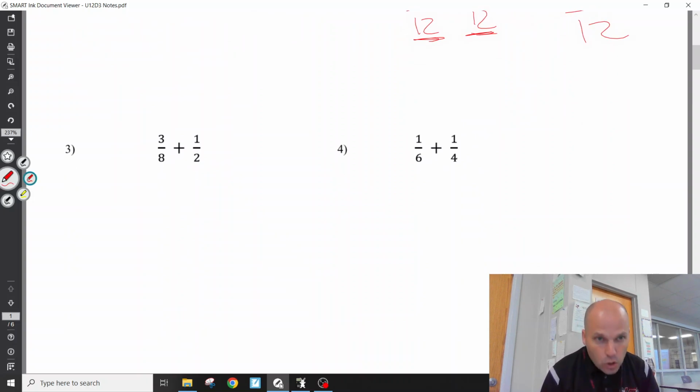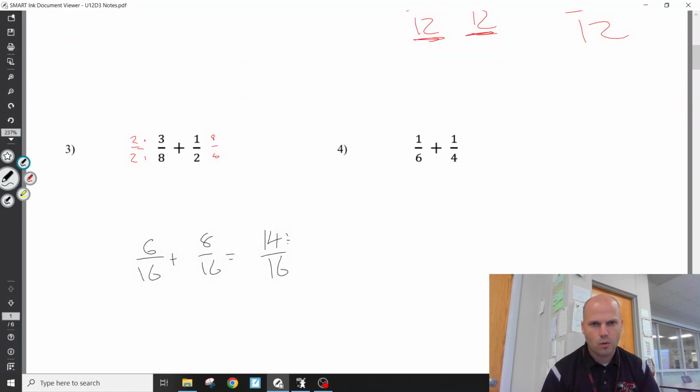For example, I could multiply this by 2/2. Multiply this by 8/8 and get 6/16 and 8/16, and this would be 14/16. But I realize, oh wait, divide these by 2, I get 7/8.